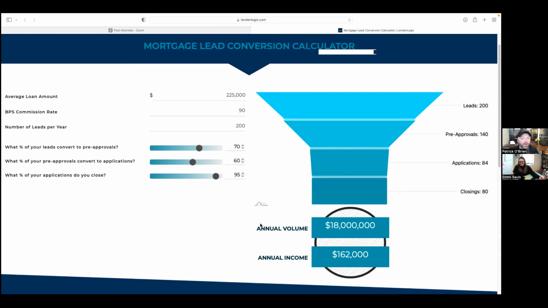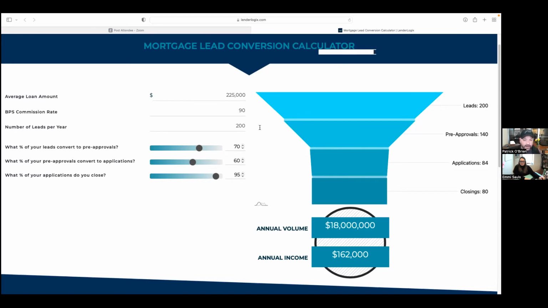Understanding what a lead is worth is going to be different depending on how you perform in those metrics down the funnel. So paying attention to them, knowing them, and knowing what you can tweak to improve those numbers will materially impact your business significantly more than just saying, I need to find new leads.